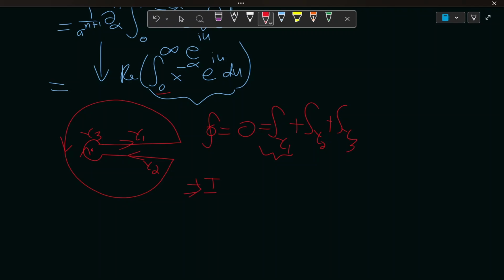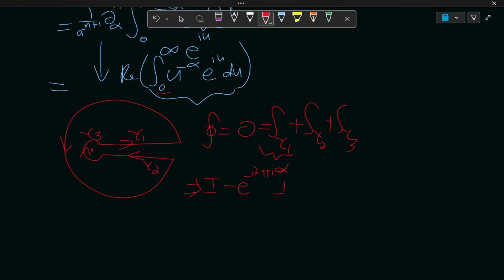Gamma 2, however, is going to be slightly different. Using a branch cut, we see that it's going the opposite direction, so we're going to throw in an extra minus. We're going to have an e to the 2 pi i. That's what you replace u with. And I'm noticing now that should not be an x, that should be a u. Same difference though. Our u becomes a u times e to the 2 pi i, which means that we get an extra factor of e to the minus 2 pi i times alpha right here.